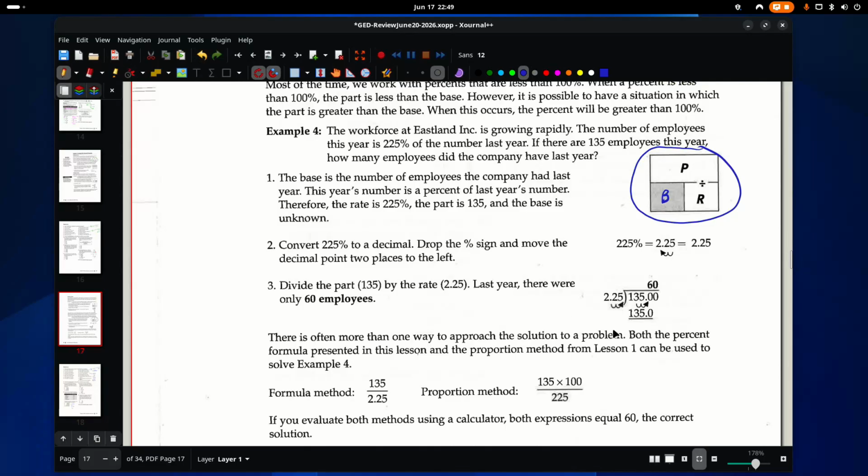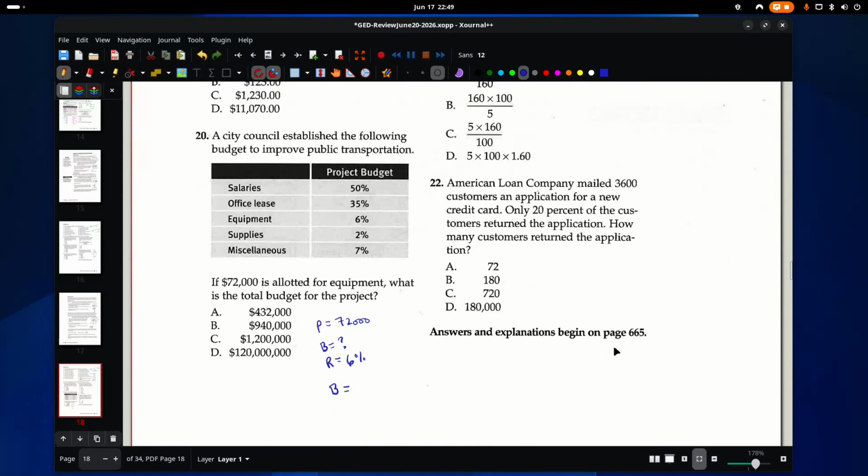All right, and so going back down here, the base equals the part divided by the rate, which equals 72,000 divided by the rate, which has to be a decimal number, so 6% is 0.06. I can use my calculator here.